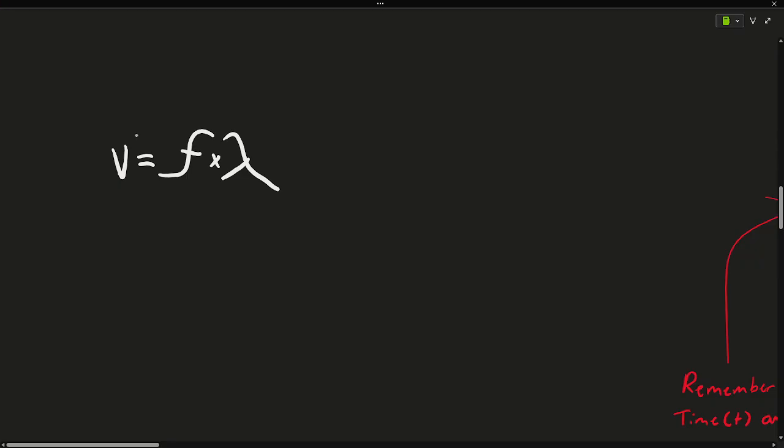Let's say we're trying to find our frequency. So frequency equals velocity over lambda.